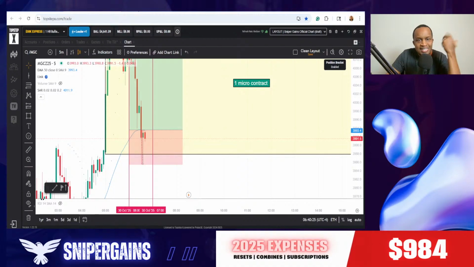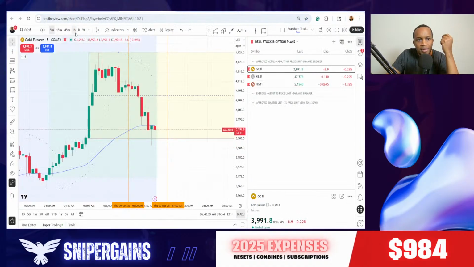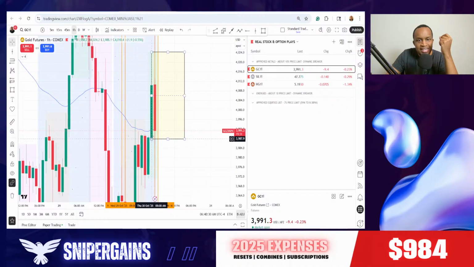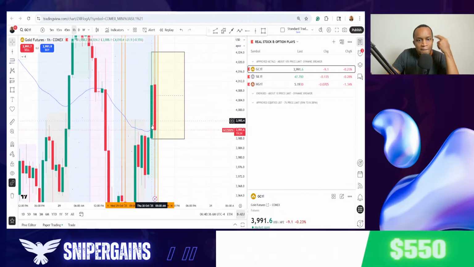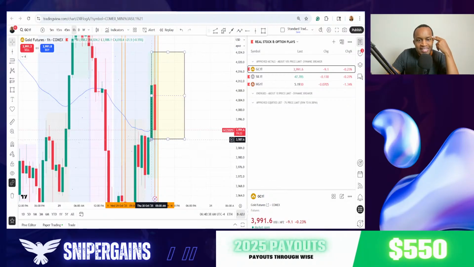So this technically would be more of a B setup. And the reason why it's a B is this accumulation hour, technically a majority of it is on the upside, but a little bit of the bottom is at the bottom side. So if I were to take this trade, it would be a B setup. So for a B setup, I may not put too much weight on it.